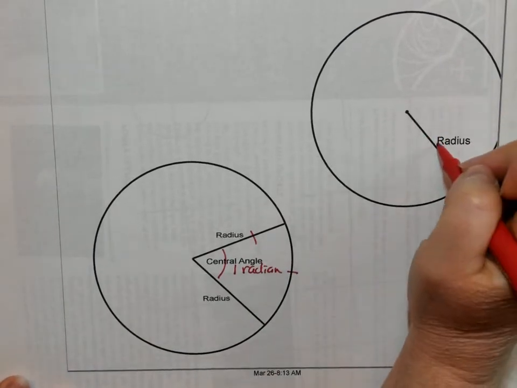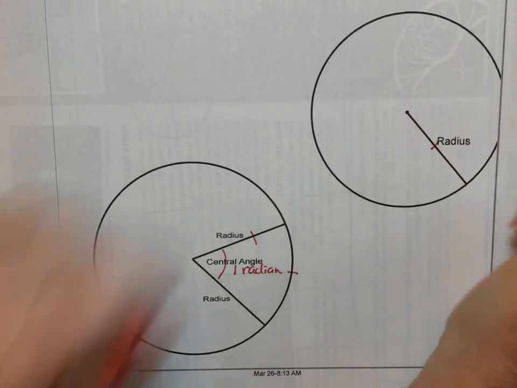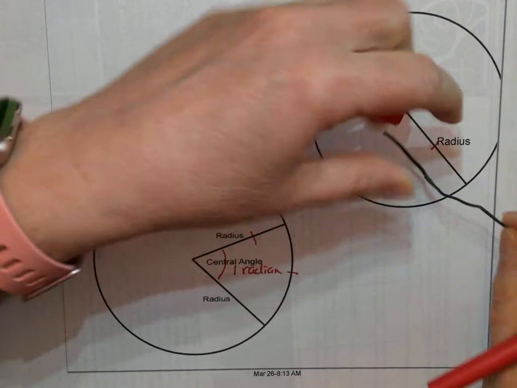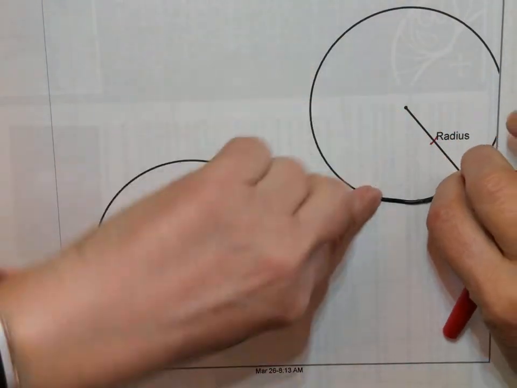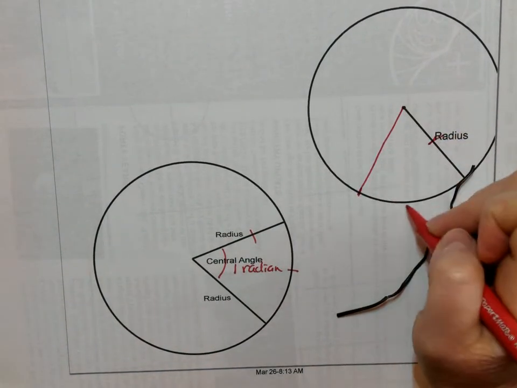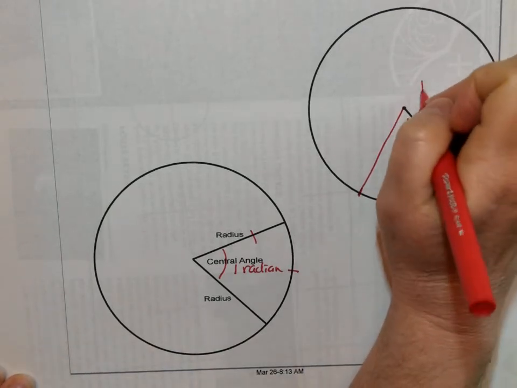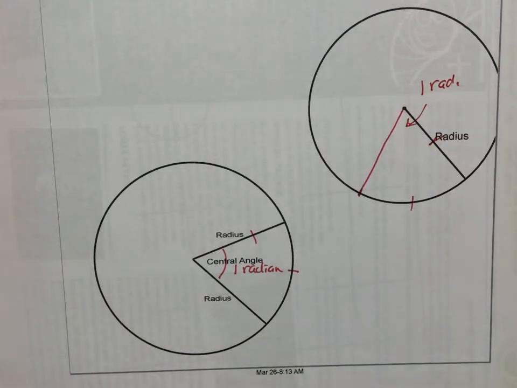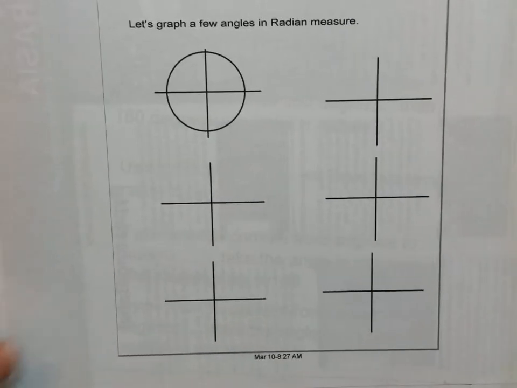So when this is equal to the radius, about that far, maybe about right there, this has the same length as that, then this is 1 radian. And then you just use RAD, RAD for radian.